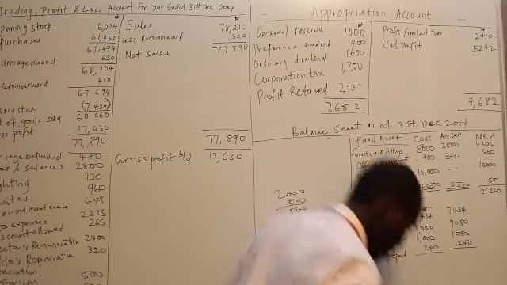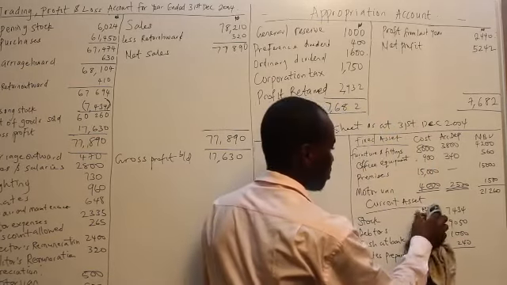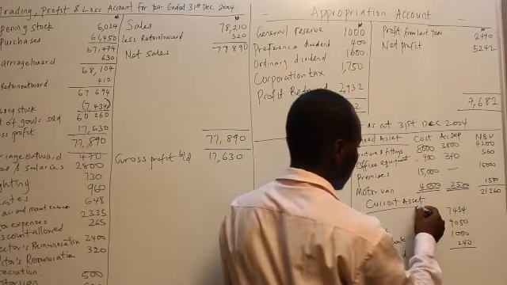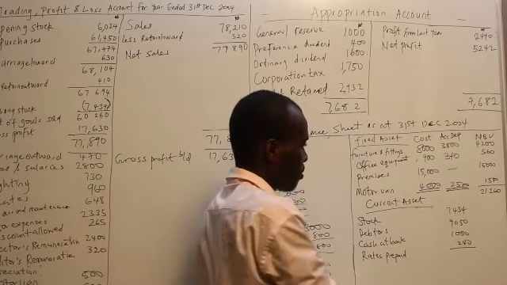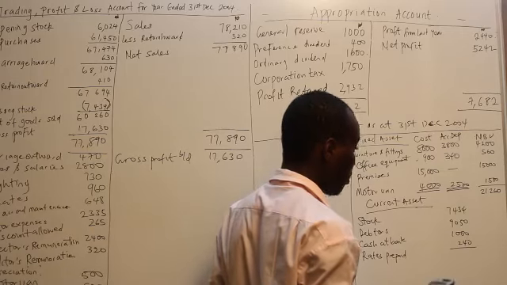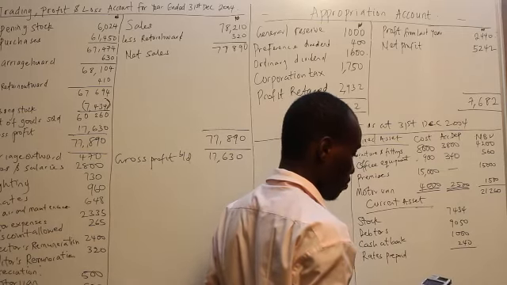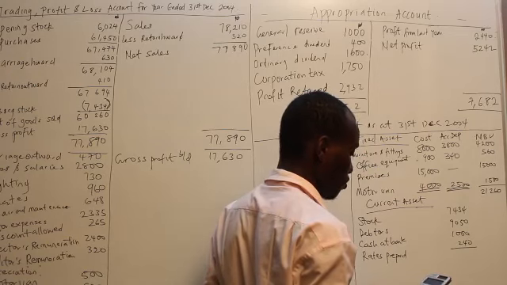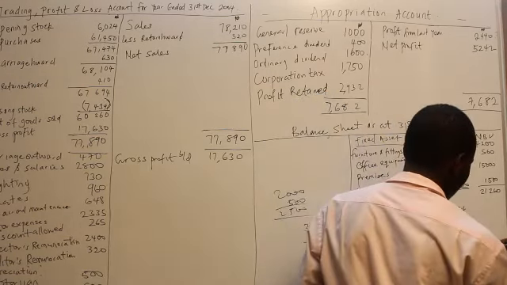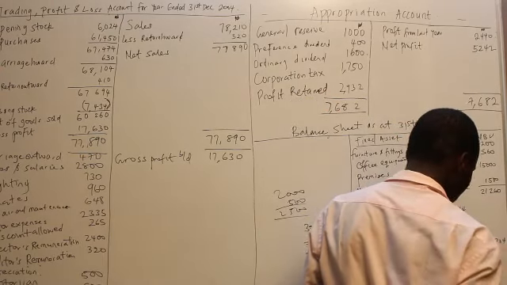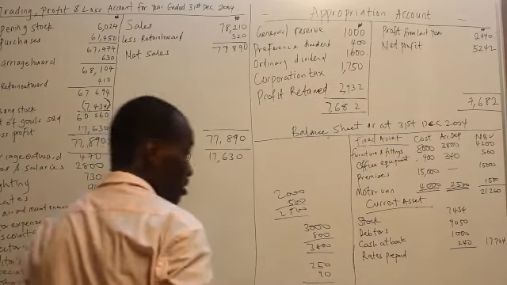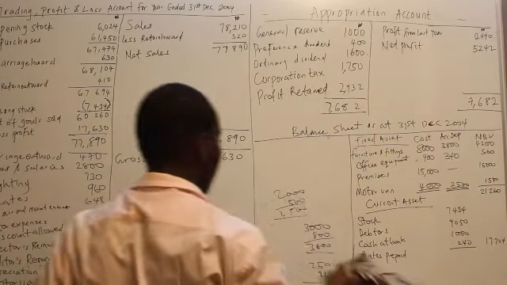To make our work neater, we can write it there. That gave us 17,724. So we can prepare our owner securities and all of the rest of the accounts.